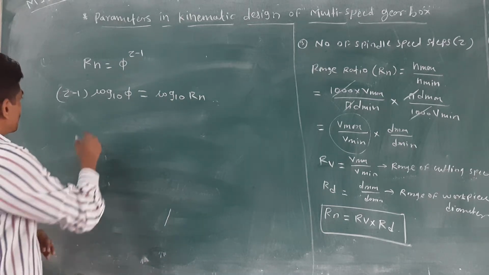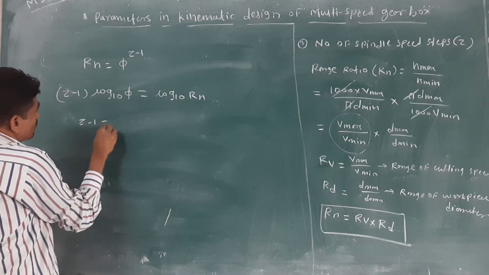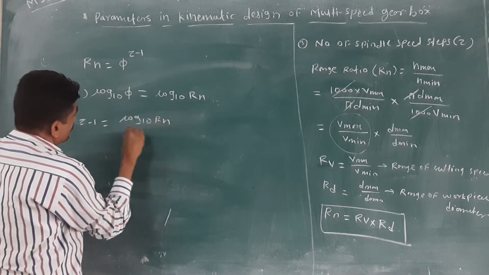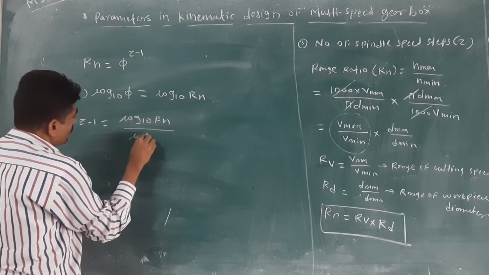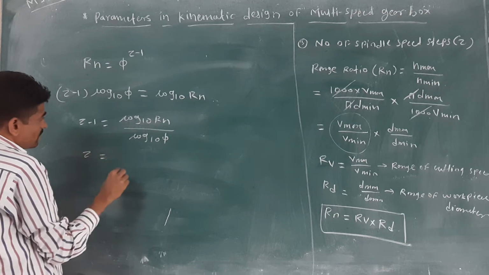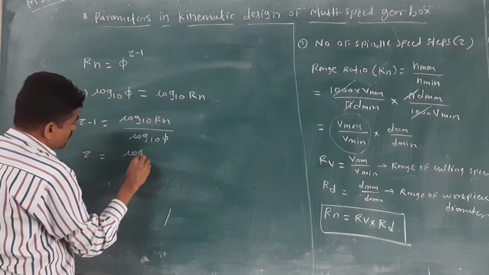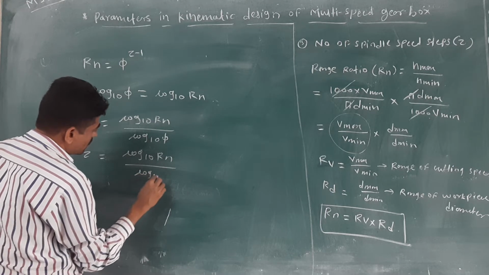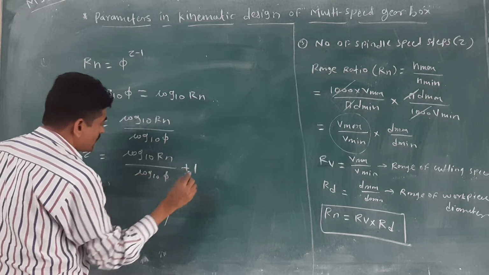Again I will write z minus 1 is equal to log 10 Rn divided by log 10 phi. If you shift this, z is equal to log 10 Rn divided by log 10 phi plus 1.